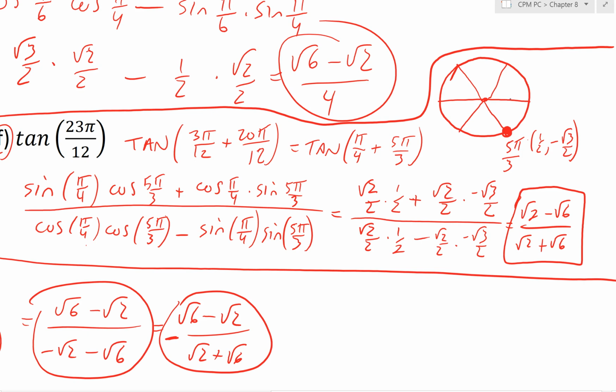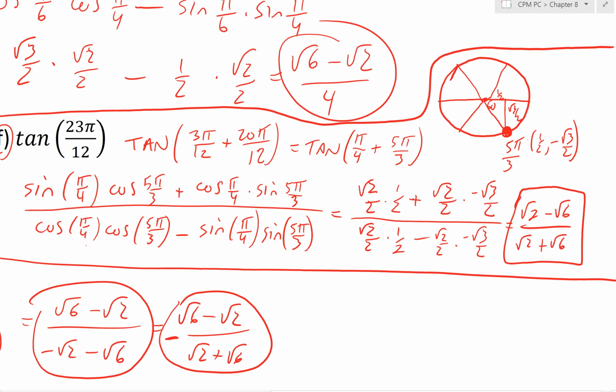I broke the half circles into thirds because pi is half a circle, so we have 5 thirds of each half. That gives us a 60-degree reference angle. So this is 1/2, and this is root 3 over 2. That gave us the coordinates of the point 1/2, comma, negative root 3 over 2. And then you can see how I filled in the rest of the values there, and in the end ended up with root 2 minus root 6 over root 2 plus root 6.